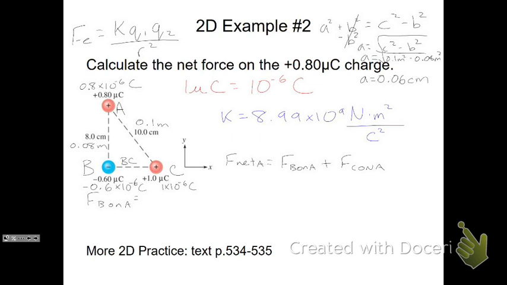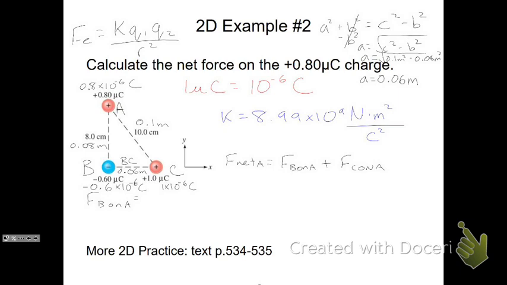Wouldn't it be meters? Yeah, that is meters, sorry. Okay, so now that we found that missing length for our triangle, we can go ahead and solve that.